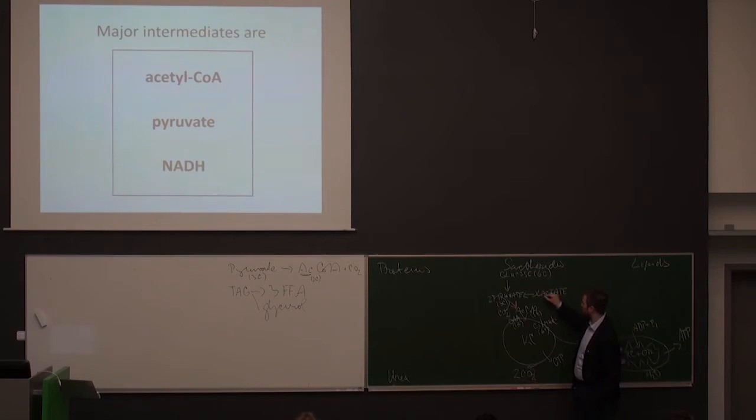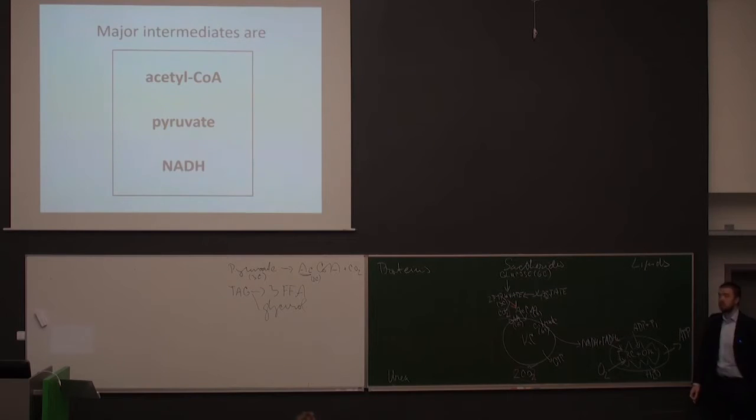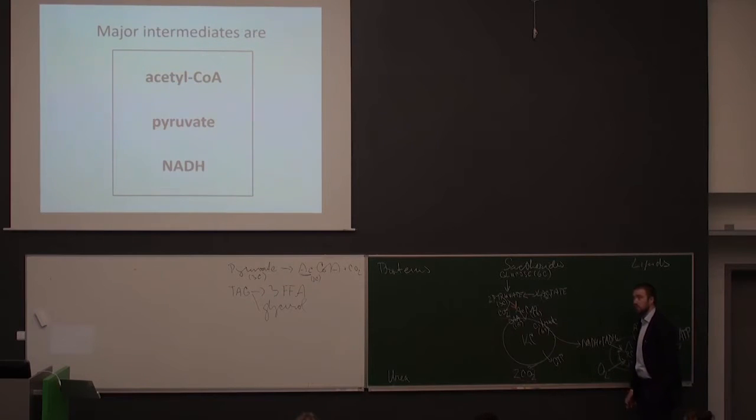Lactate also has 3 carbon atoms, but here you have a keto group, and here you have a hydroxy group. That means that this is reduction, and in that direction is oxidation. This whole reaction is fully reversible, and you can convert lactate to pyruvate and pyruvate to lactate. It only depends on the availability of oxygen and on the redox state of the cell.